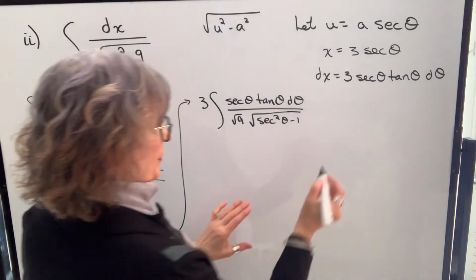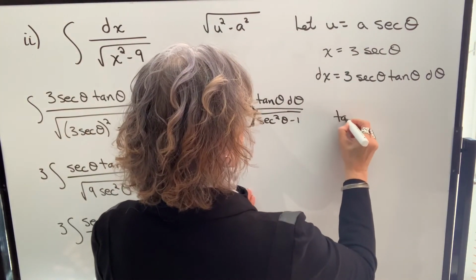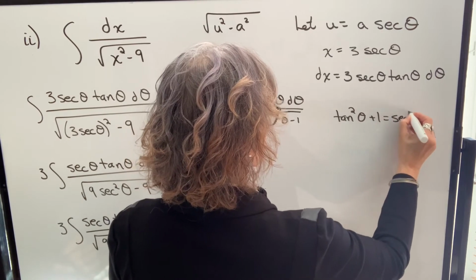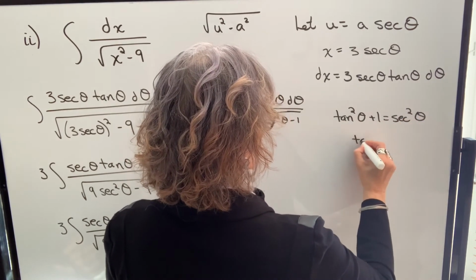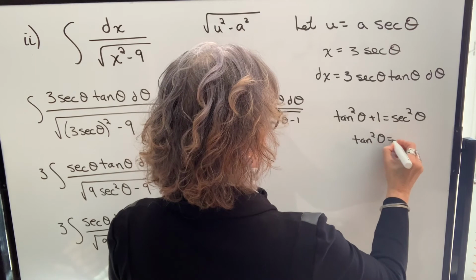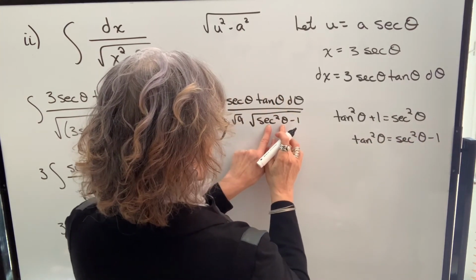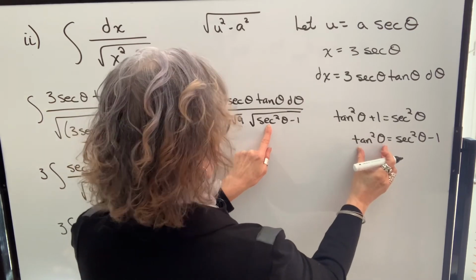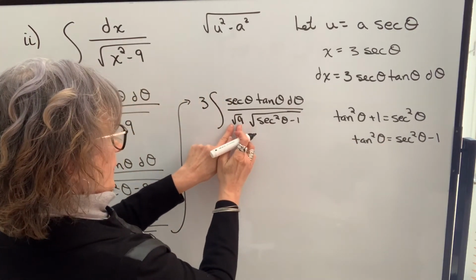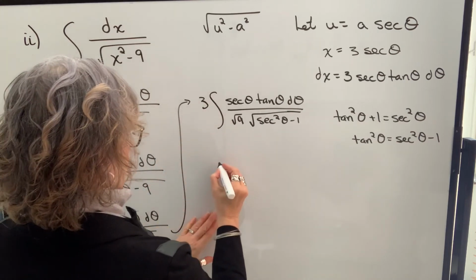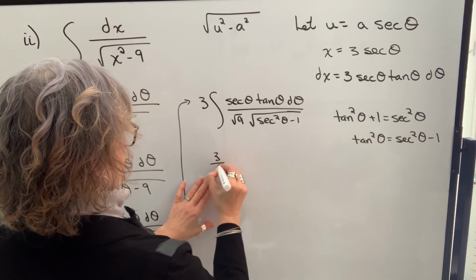Again, we're going to use a Pythagorean identity. Tangent squared theta plus 1 is equal to secant squared theta. Therefore, tangent squared theta is equal to secant squared theta minus 1. We're going to replace secant squared theta minus 1 with tangent squared theta. I'm going to take the square root of 9, which is 3, and pull it out in front of the integral sign, so I'll have 3 over 3.